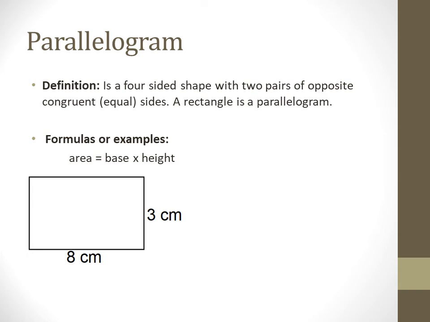To find the area, we are going to multiply the base times the height. 3 centimeters times 8 centimeters equals 24 centimeters squared. Okay? You see here, we have our unit, centimeters.